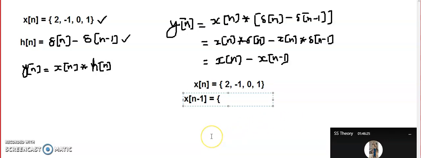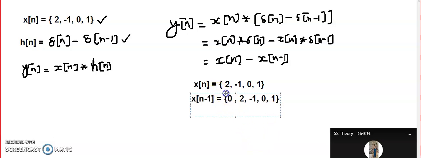It will shift to, क्योंकि -1 है यानी कि एक डिले आएगा, तो यानी जहाँ पे 2 से जो सिग्नल 0 पे जो 2 आ रहा था, अब इधर एक 0 आ जाएगा. ठीक है, और उसके बाद ये सिग्नल जो है डिले कर जाएगा 1 यूनिट से. यहाँ -1, 0 and 1 like this.